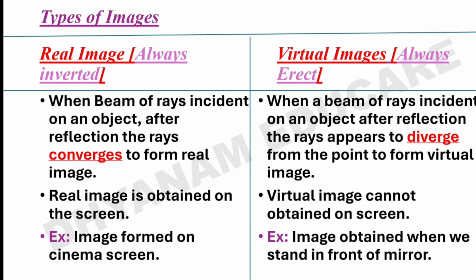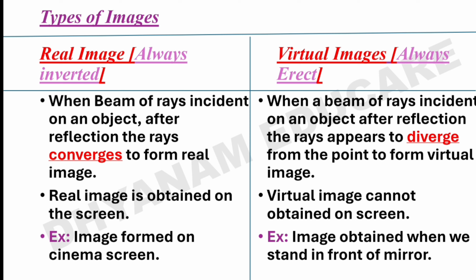Mainly there are two types of images. One is the real image and another one is the virtual image. Real image: when a beam of rays is incident on an object, after reflection the rays converge to form a real image. But virtual image means what?